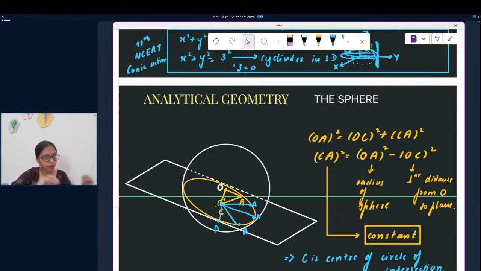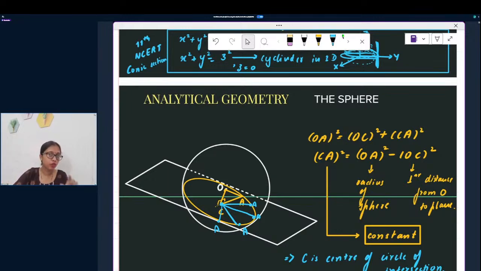And for the plane, I have enough information. The equation of a plane is much more simplified also, because it is in linear form in x, y, z, and the equation of a sphere is a second degree equation, x square plus y square plus z square.